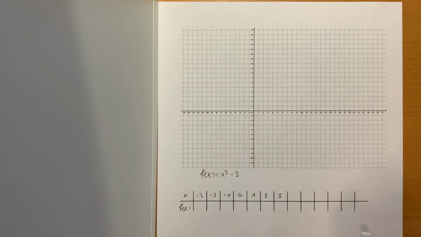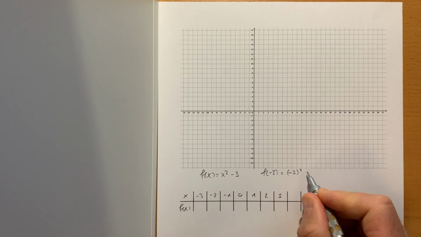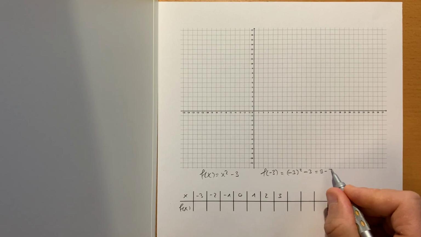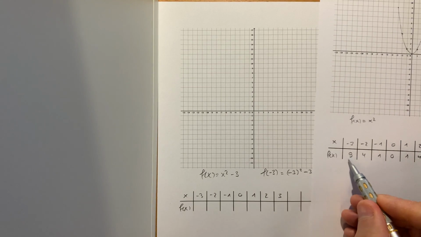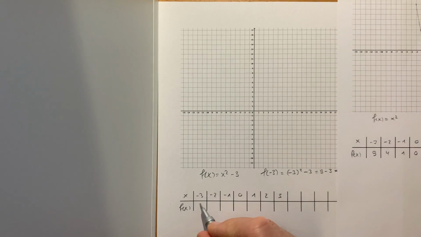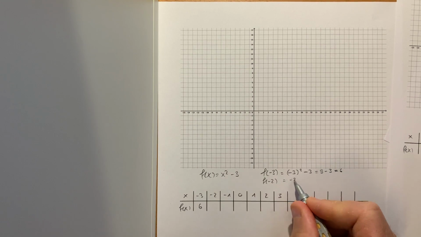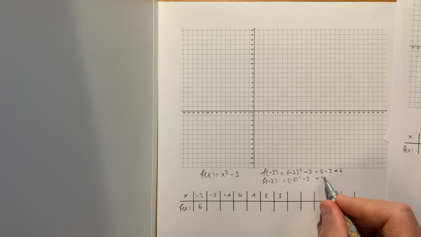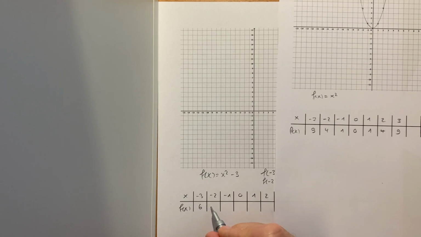Well, that's quite obvious because f of -3, for example, is -3 squared minus 3, so that's 9 minus 3, that's 6. Now f of -2 is -2 squared minus 3, so that's 4 minus 3, that's going to be 1. Again, 4 minus 3, it's 1.